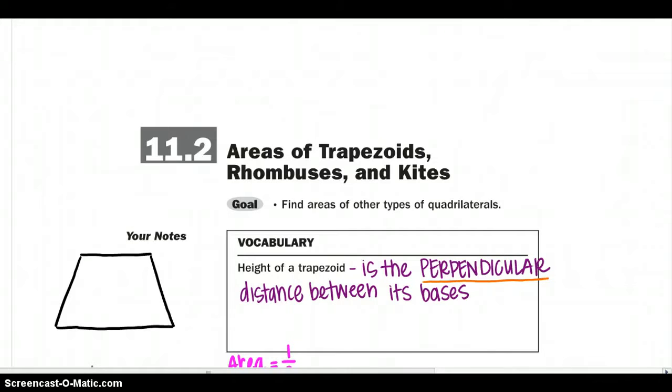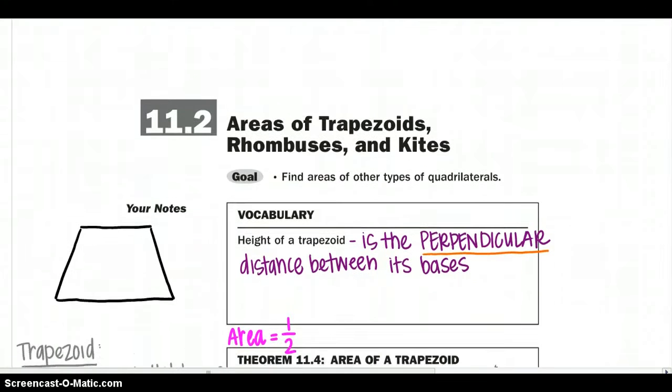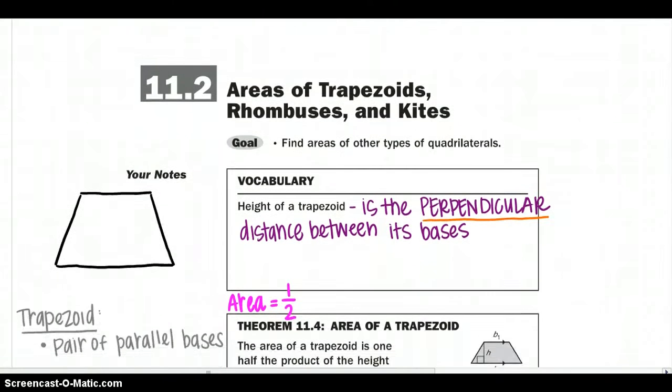And if you recall from the sections before, where the bases are, remember a trapezoid has a pair of parallel bases. So we can refresh our memory a little bit on a trapezoid and the properties of that. So we will say that this will be our base, and this will be our base. And the height is the perpendicular distance between the two bases.